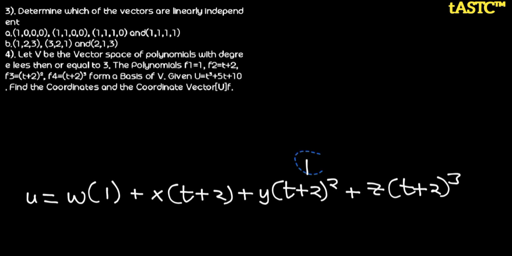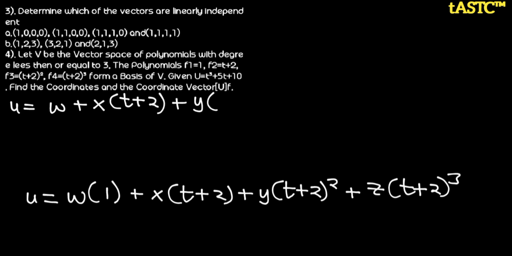So we need to expand some of the brackets on the right hand side. So this is going to be a U, and here we have a W, and we have an X. I'm just going to leave it for now. So that will be T plus 2. And here we're going to have a Y. I need to open these brackets.